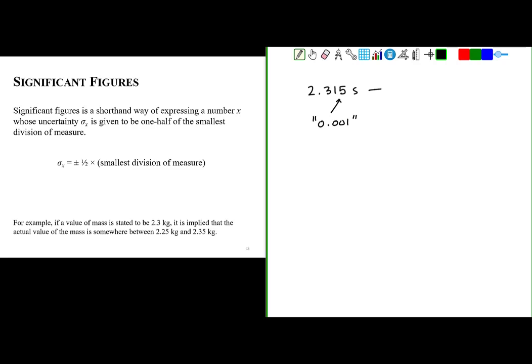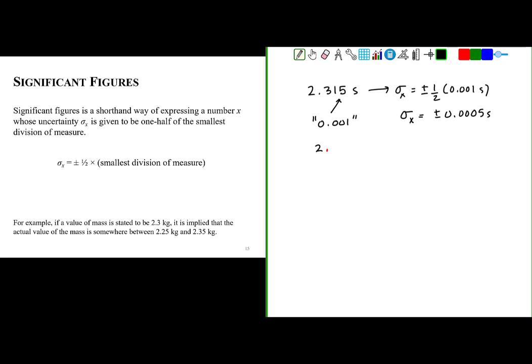So that means our uncertainty is going to be equal to plus or minus 1/2 of a thousandths. This means our uncertainty for this value is plus or minus 0.0005 seconds, and we could report our value to the nearest 0.0005 seconds.